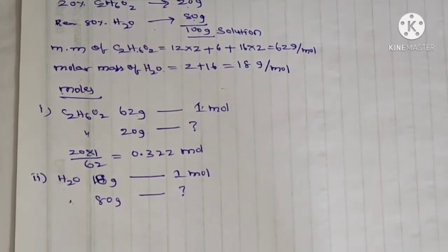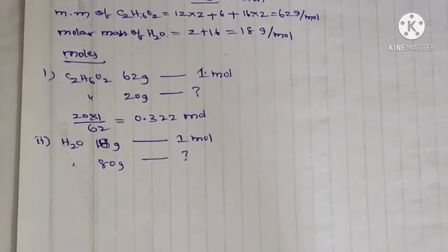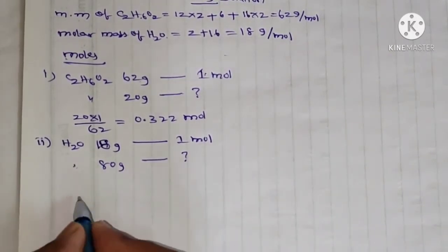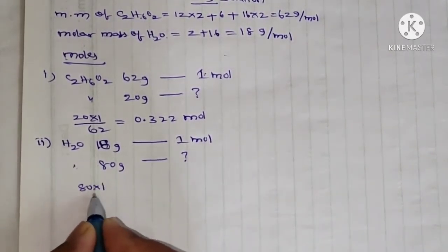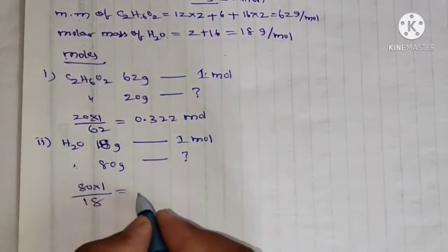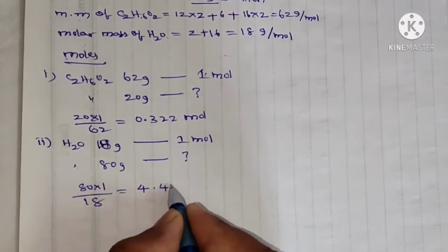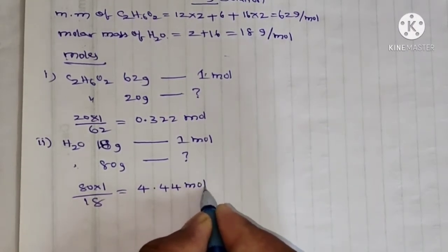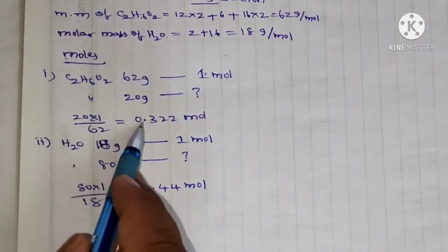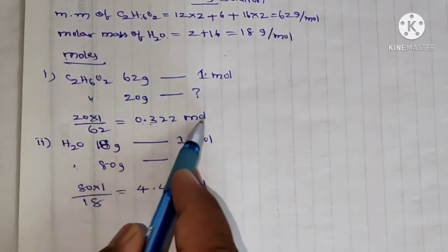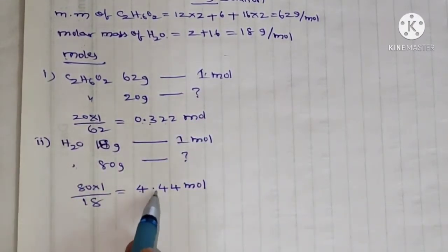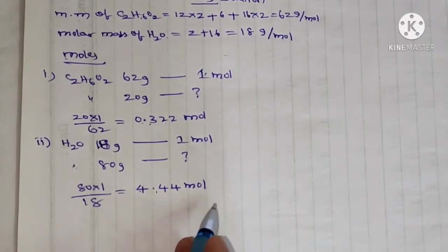Here also cross multiplication: 80 into 1 divided by 18. If you do this calculation, we get 4.44 moles. So ethylene glycol is 0.322 moles and water is 4.44 moles.